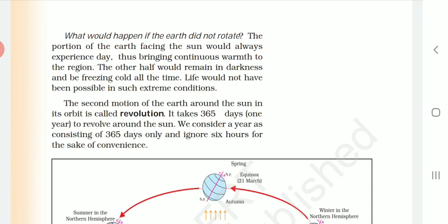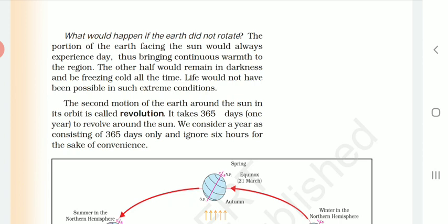Imagine if the earth stopped rotating. What would be the consequences? The portion that is facing the sun would always experience day, thus bringing continuous warmth or heat to the region facing the sun.